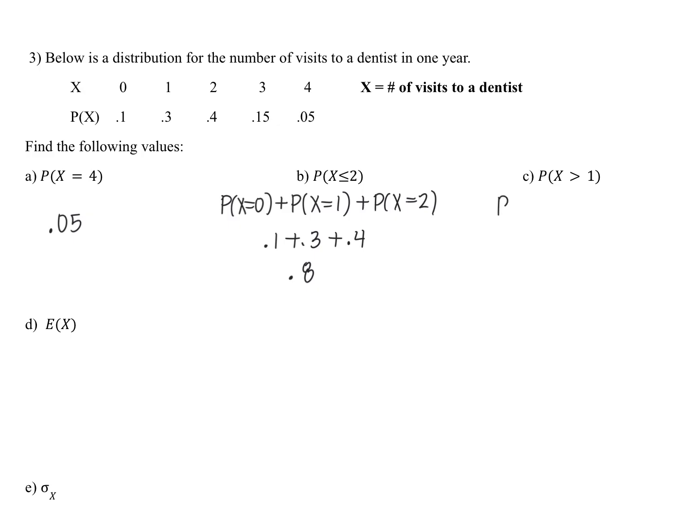So the ones that are greater than 1 are 2, 3, and 4. So I add all of those probabilities together. So 0.4 plus 0.15 plus 0.05, which is 0.6.